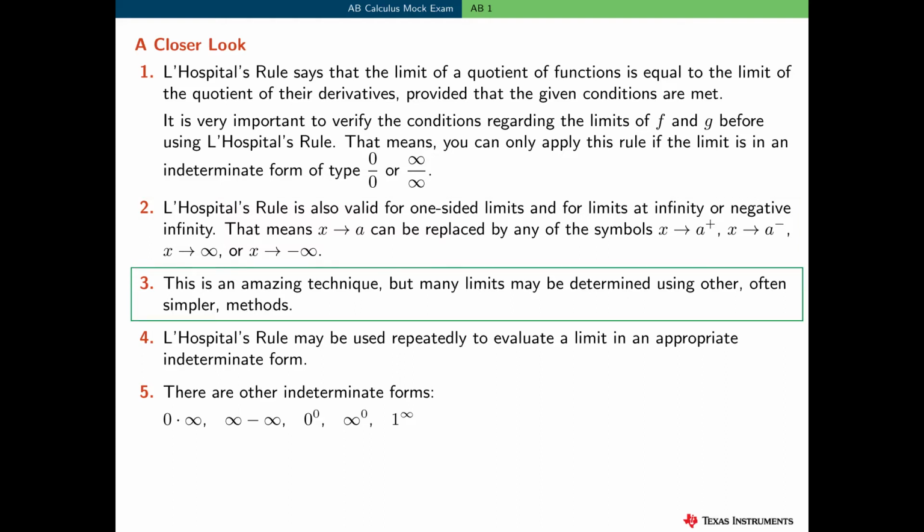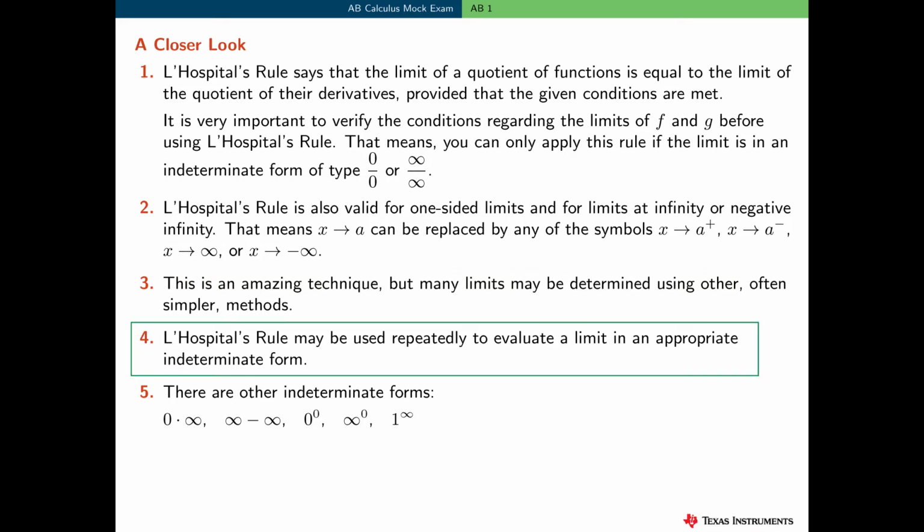This is a pretty amazing technique, and a proof of a special case of this rule is usually presented in AP Calculus texts. And there's a very nice visualization of this special case using technology, available in a calculator application on the TI website.